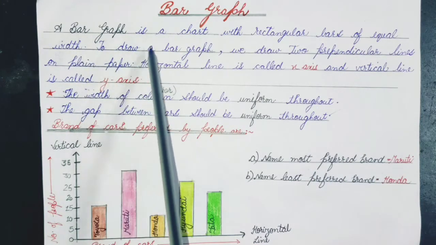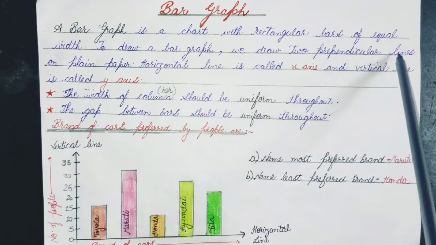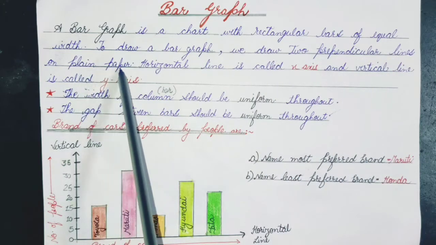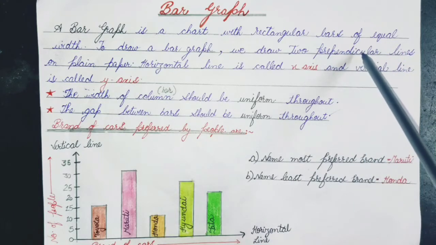When we are drawing a bar graph, we have to draw 2 perpendicular lines on a plain paper. Class, what do you mean by this perpendicular line? It means that when we are drawing 2 lines, these should be the perpendicular lines, means those lines should make a 90-degree angle. Right?